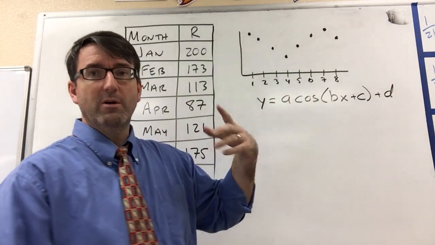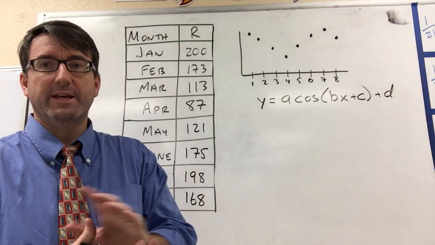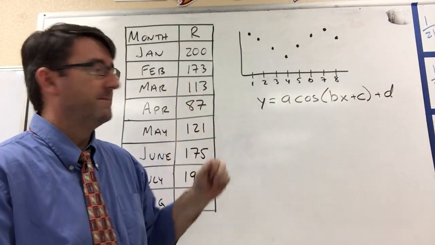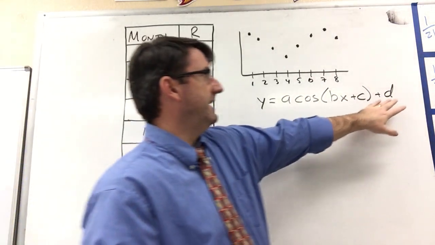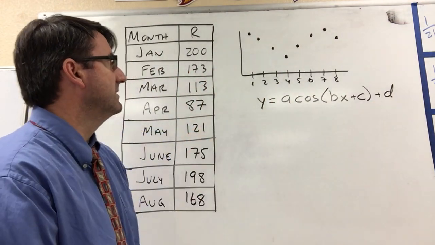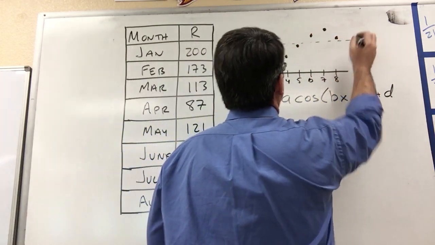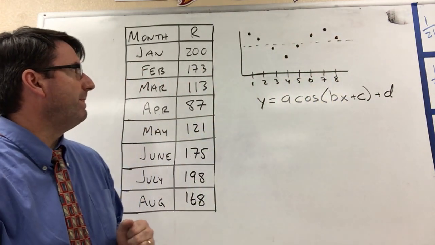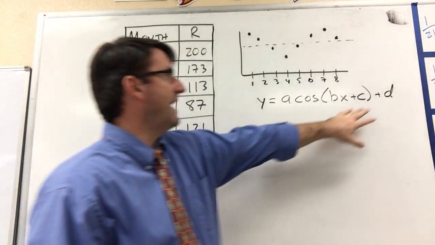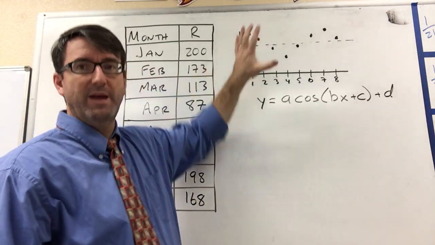All right, so now all we need to do is find a, b, c, and d in order to get our model. So let's start with d. D is where the midline is going to be. You can see the midline is going to be somewhere in there. And to get that, we can just average the maximum and the minimum.